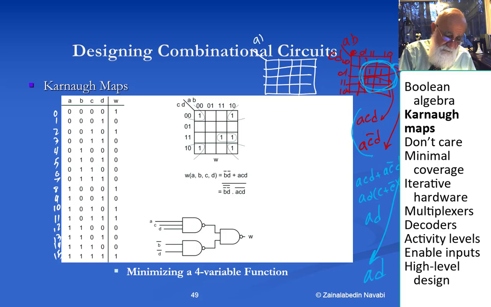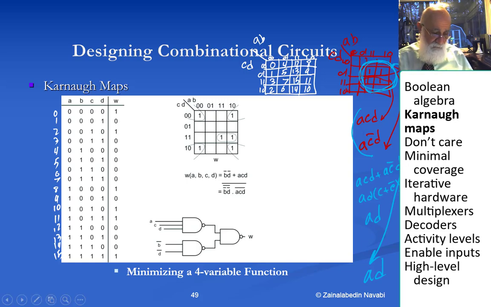A, B, C, D. Zero, 1, 2, 3, 4, 5, 6, 7, 8, 9, 10, 11, 12, 13, 14, 15. Here I have a 1 on 0, I have a 1 on 2, I have a 1 on 8, on 10, on 11, and on 15.